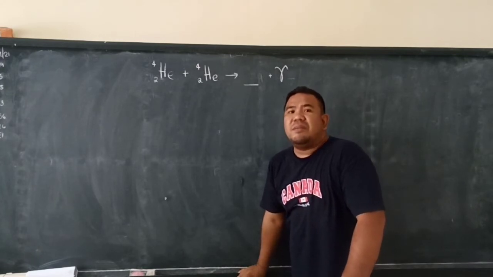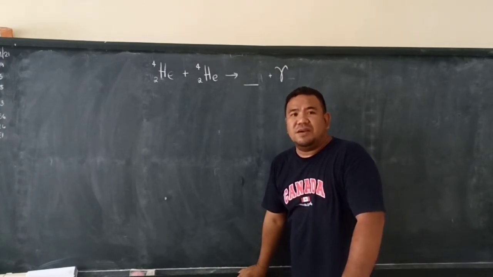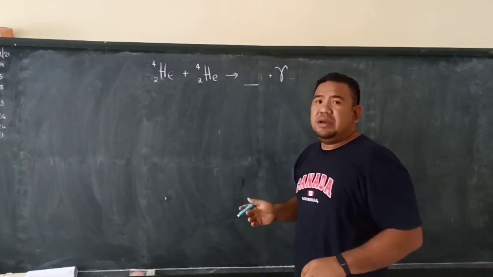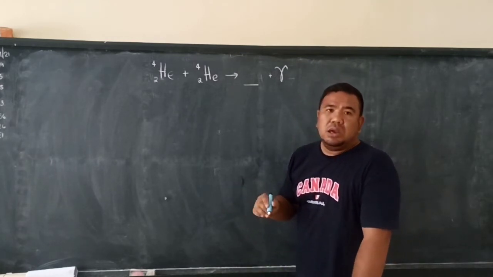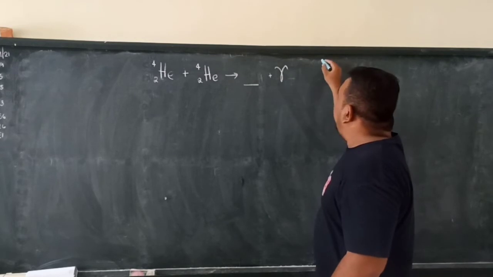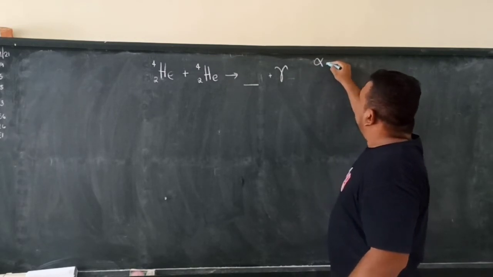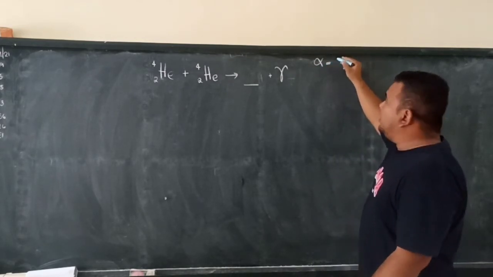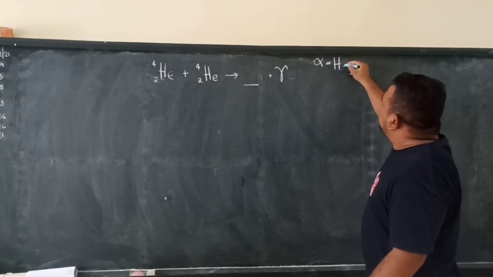Let us try to remember the different types of radiation. As you have learned in your previous sciences, you have alpha, which is the same as your helium atom.